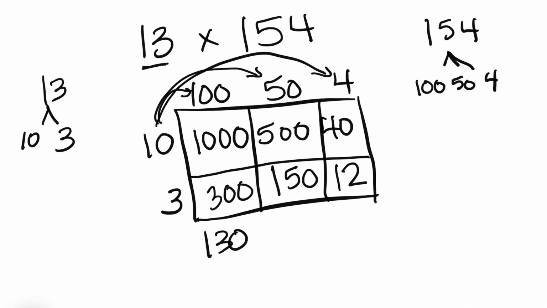So this gives me 1,300 plus 650 plus 52.